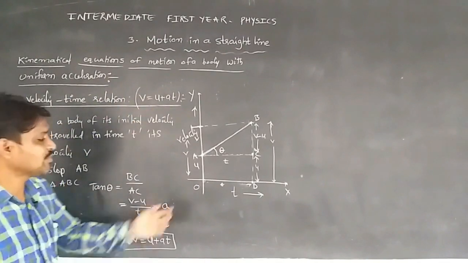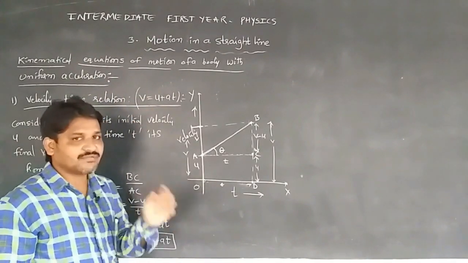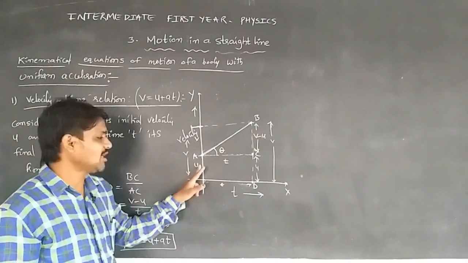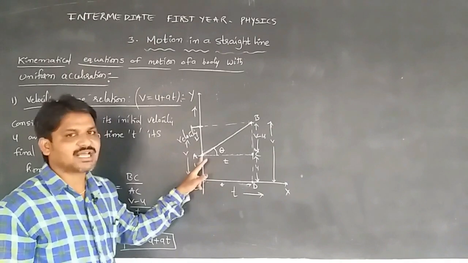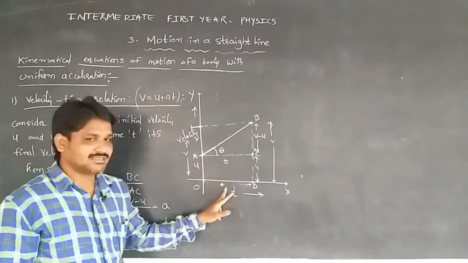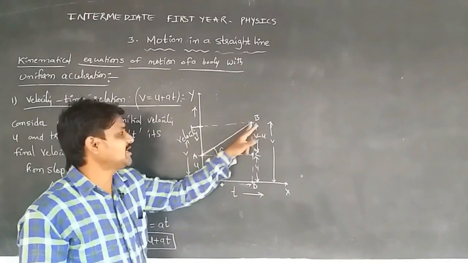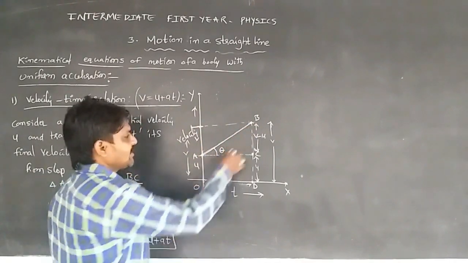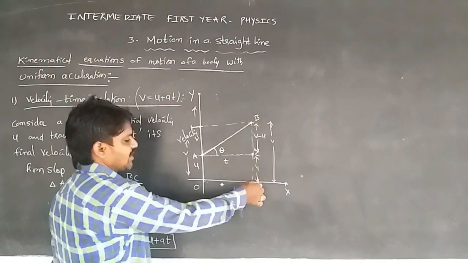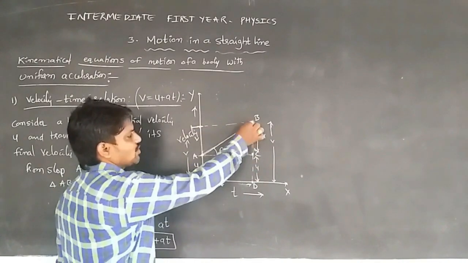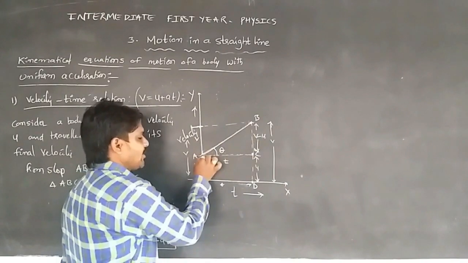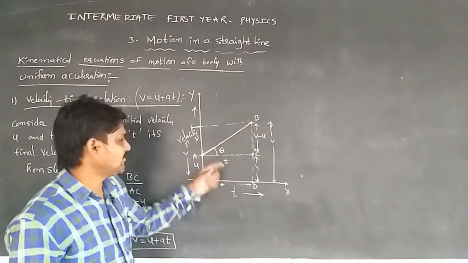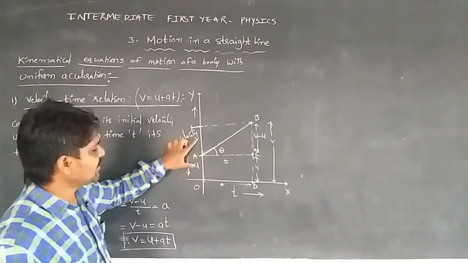Once again, let's see. Whenever the body is moving with uniform acceleration, it already has some initial velocity u. After t seconds, its final velocity becomes v. So we draw imaginary lines perpendicular to the x-axis and y-axis to know the position, and from point A, the distance travelled is the total value, giving the final velocity minus initial velocity.